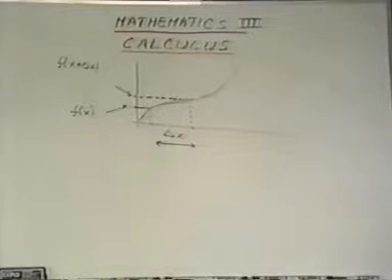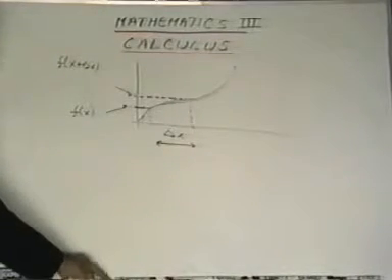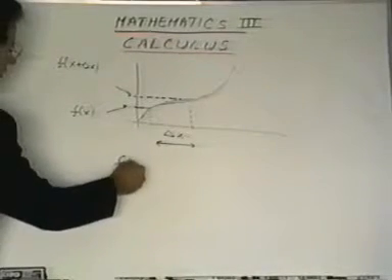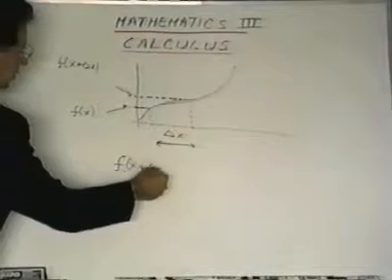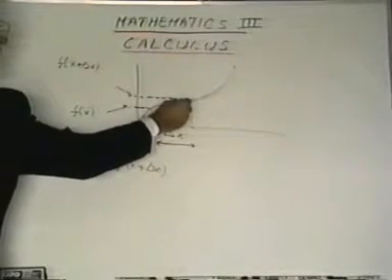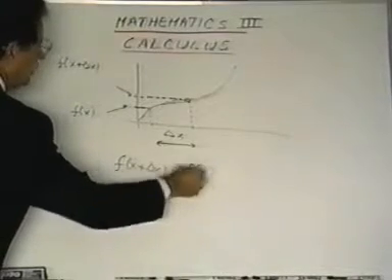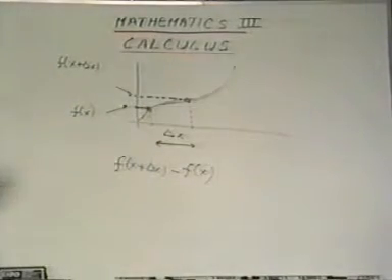If we take the change in the value of the function, f of x plus delta x, that's this value over here, and subtract from that the value of f of x, it's this value back here.